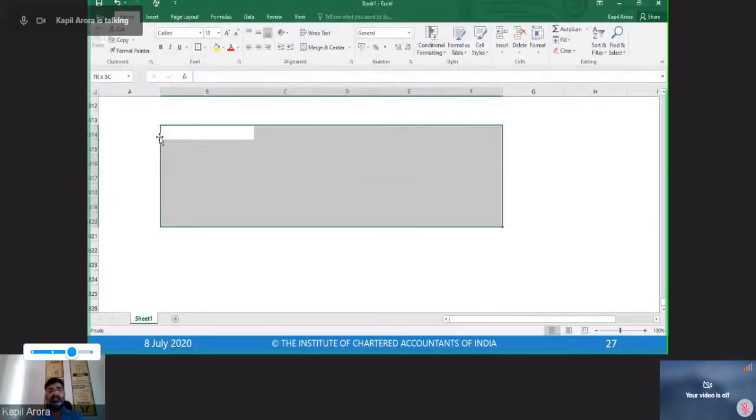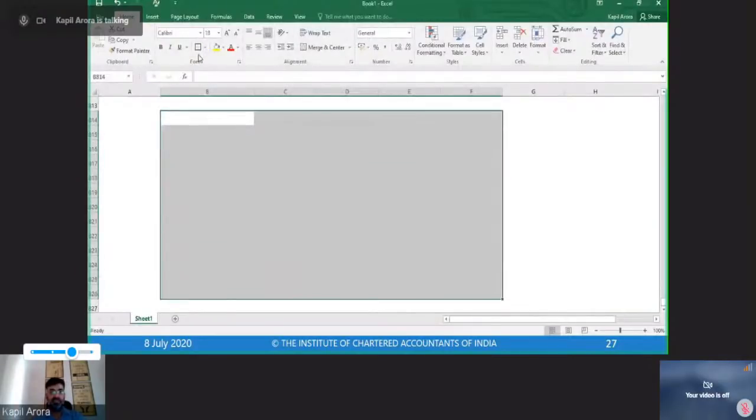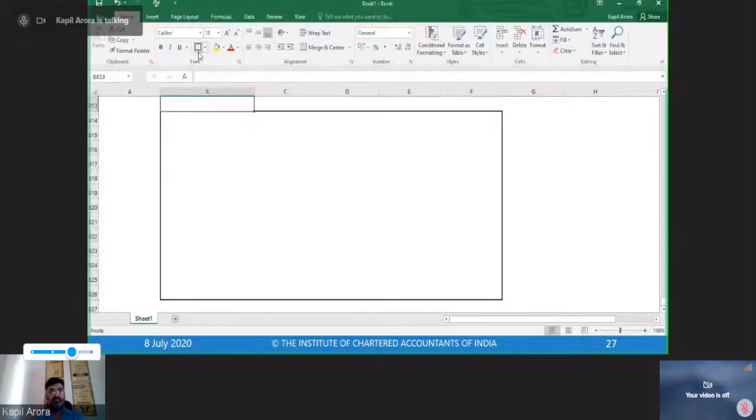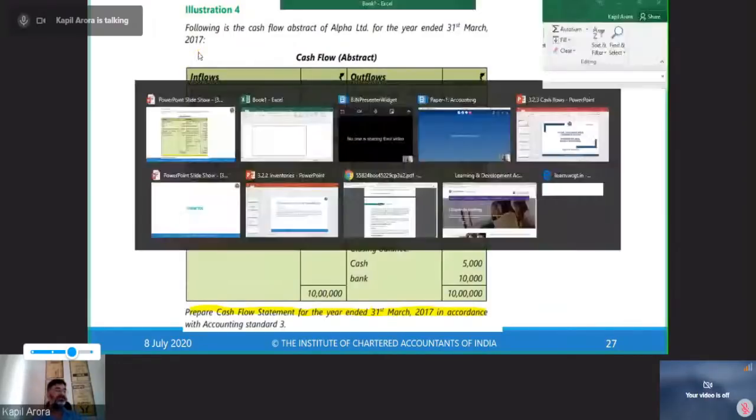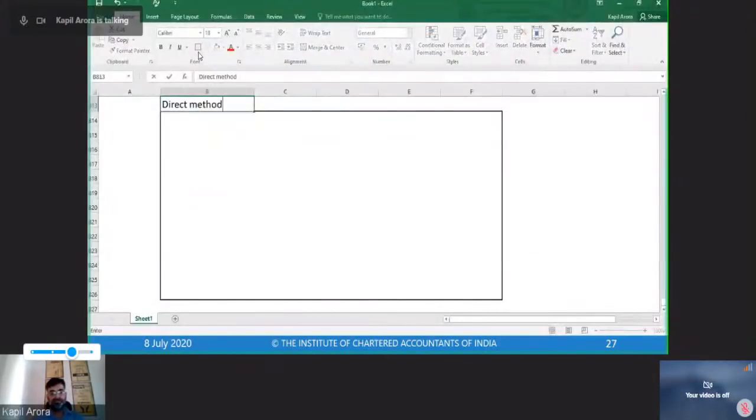Since we are following the direct method, here they have given the inflows and outflows. So when inflows and outflows are given, it means follow the direct method. When you follow the direct method in operating activities, you would have cash inflows and cash outflows.